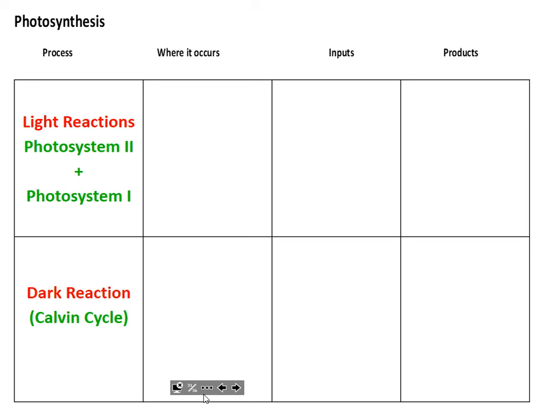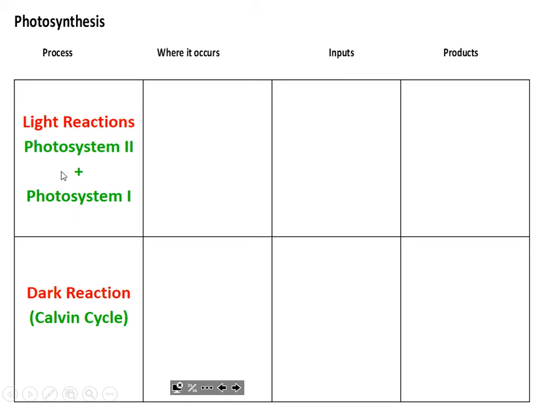So let's look at the very first part of this, light reactions. Now, ladies and gentlemen, the light reactions, and we haven't talked about this, what's in green below this, photosystem 2 and photosystem 1. But photosystem 2 and photosystem 1 are parts of the light reaction.